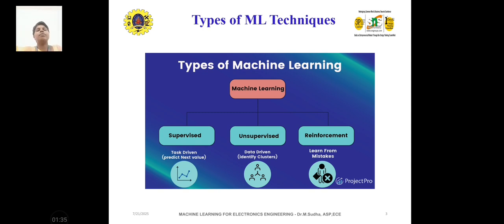So in supervised, we give labeled input. Labeled in the sense that it will represent the name. For example, we are feeding the data, that is three house images, three cat images, and three tiger images. We label them house, cat, and tiger, so that it will analyze and give the immediate result. But in unsupervised learning, the nine images will be given, but we are not going to label anything.